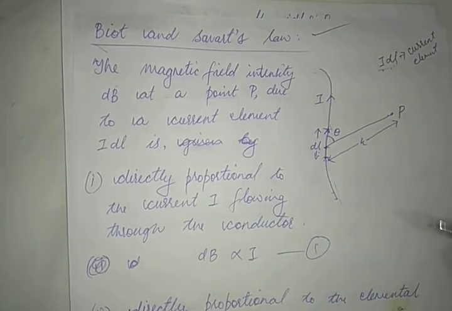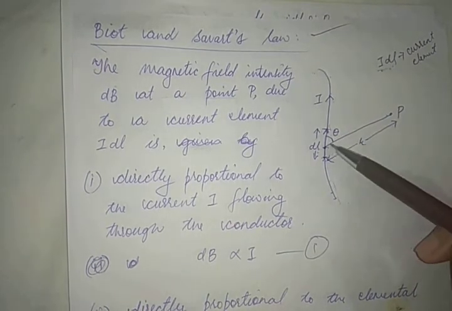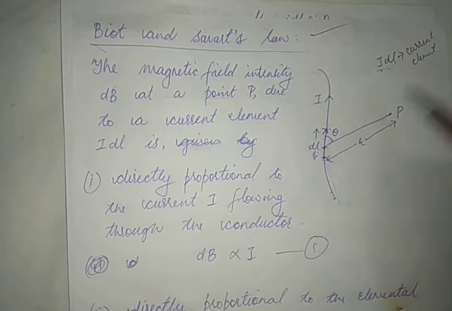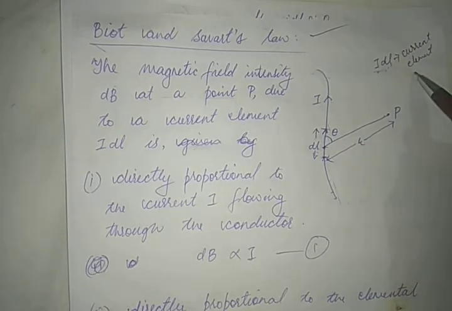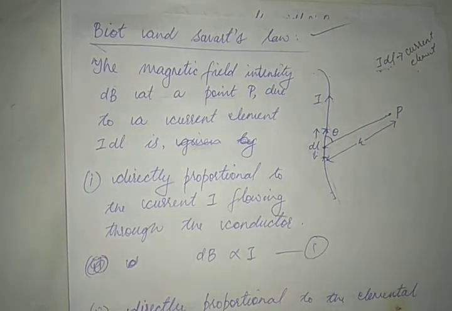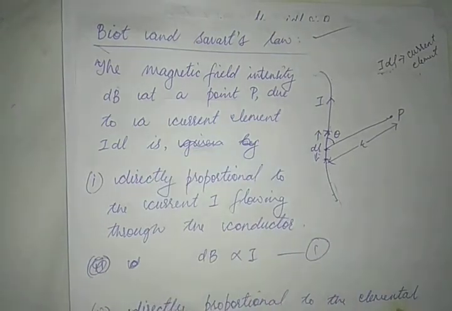So this current is flowing through this wire and also through this elemental length. This current element Idl will also generate its magnetic field, and we want to calculate the magnetic field at point P.